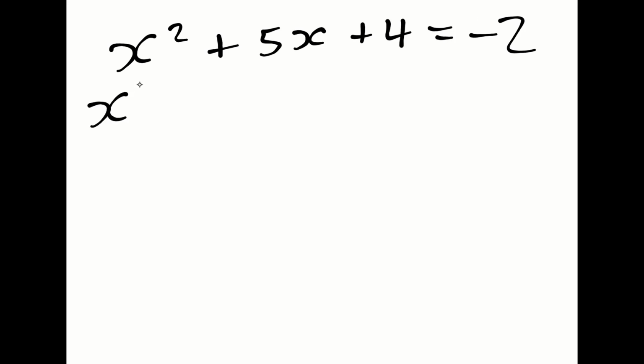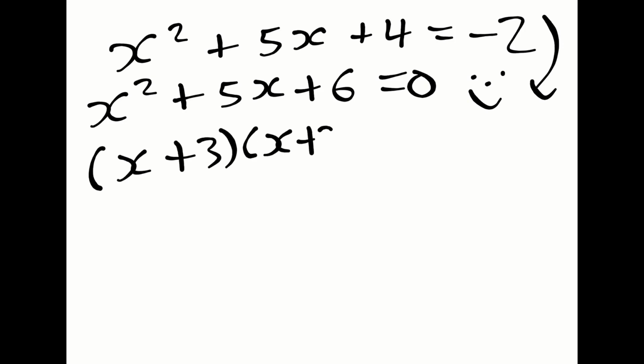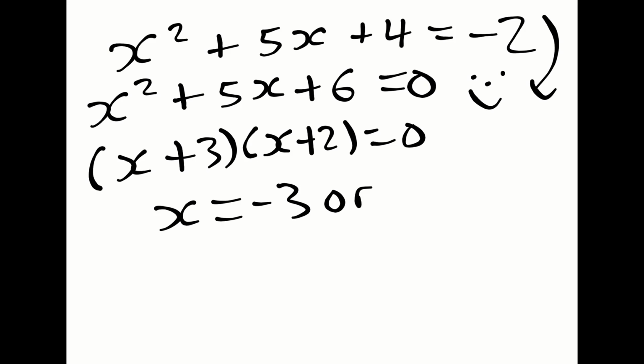So I'm going to add 2 to both sides. It's going to become x squared plus 5x plus 6 equal to 0. And I'm now ready to go. So there's just this extra little step going on. I now factorize it. x plus 3, x plus 2 equal to 0. And x is going to equal minus 3 or minus 2.